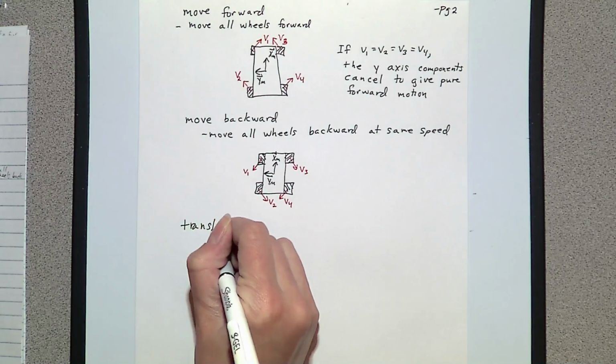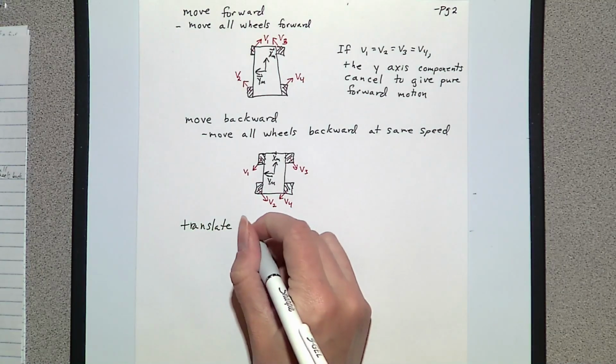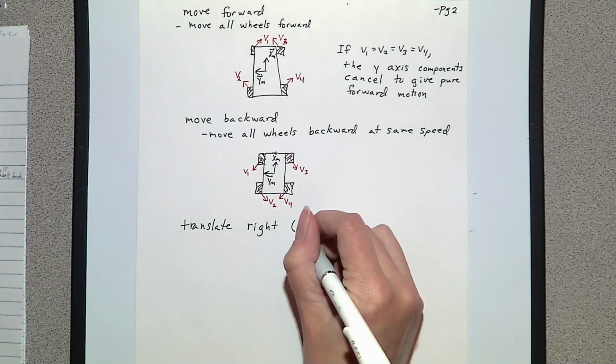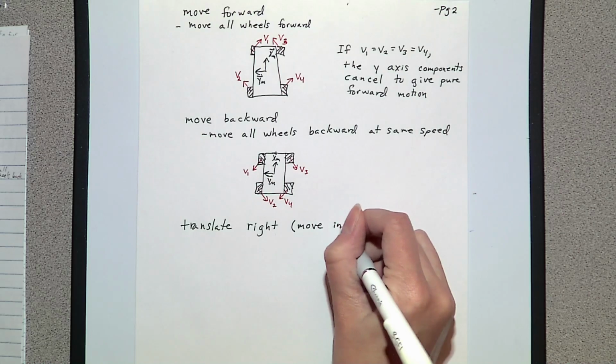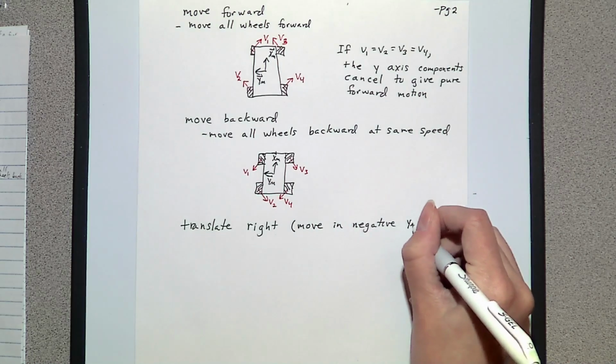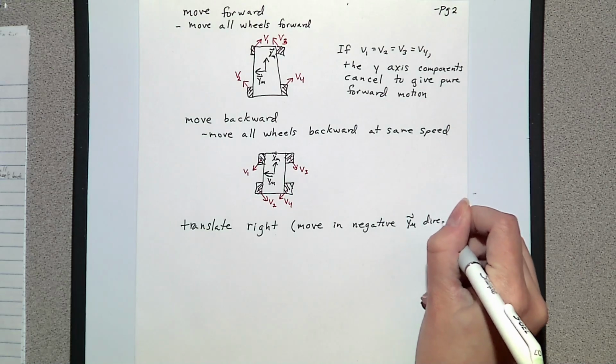So now let's say that we want to translate right. So this would be a move in the negative ym direction.